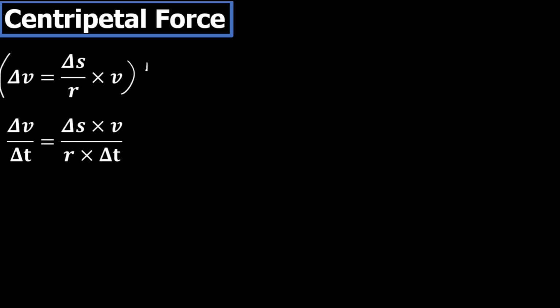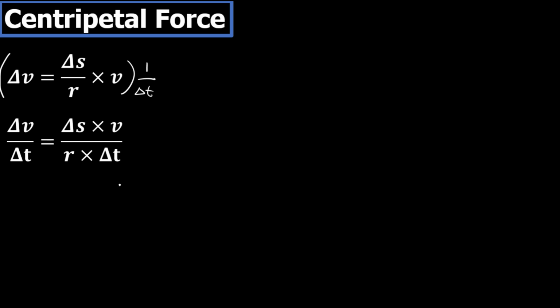So we multiply both sides by v, so that it gets rid of the v on the left-hand side and adds a v value to the right-hand side. Because acceleration is the rate of change of velocity with time, we divide both sides by t.